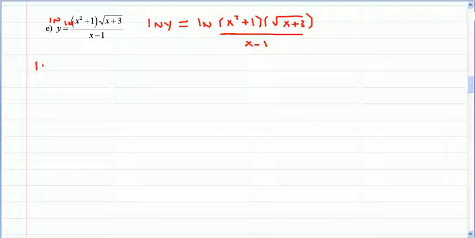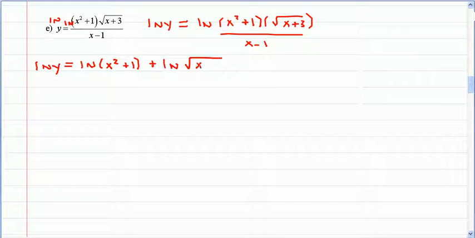So the left side just stays as the ln of y. But the right side, since I have a product in the numerator and I have division, I can write this as 3 separate natural logs. So I have the ln of x squared plus 1, plus the ln of the square root of x plus 3, and then minus the ln of x minus 1.